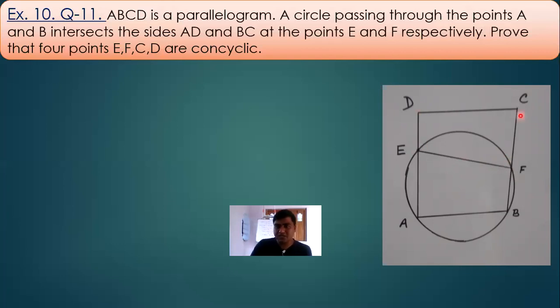If we join E, F, we prove E, F, C, D is a cyclic quadrilateral.